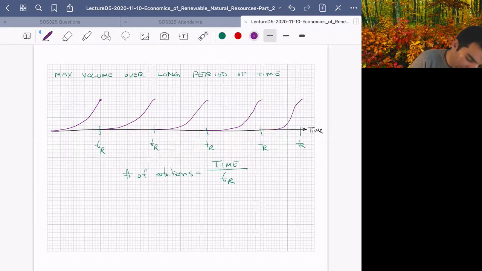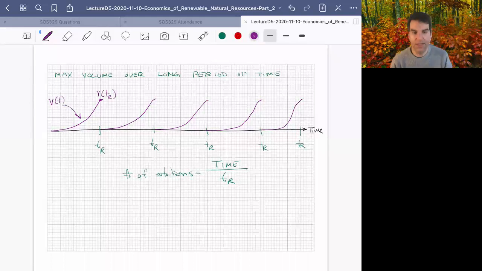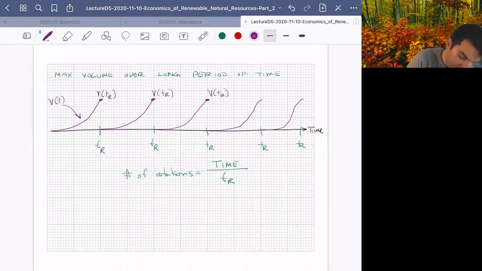Where this here is V of t, and at every point, we've got V of TR. And so V of TR is how much we get per rotation. So this gives us V of TR, and this gives us V of TR, and so on. So every rotation gives us V of TR. It's dumping out this V of TR.